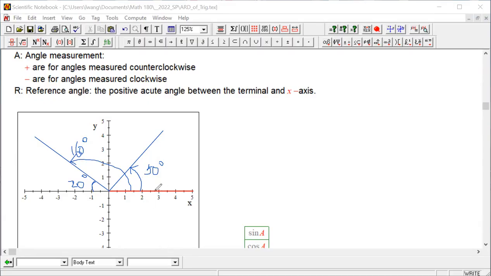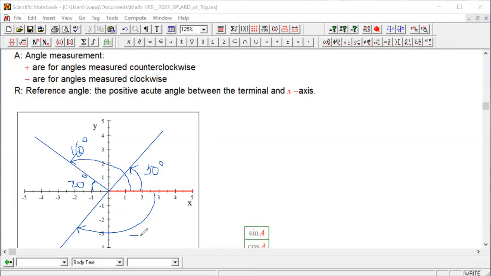Okay, another example. Suppose I measure from the standard position clockwise, and my terminal is right here. This angle is, of course, a negative angle because it's measured clockwise.